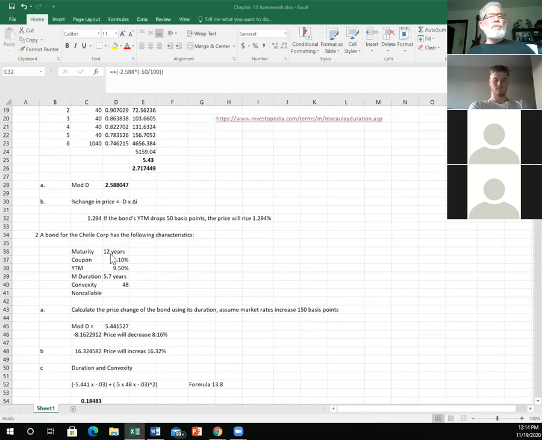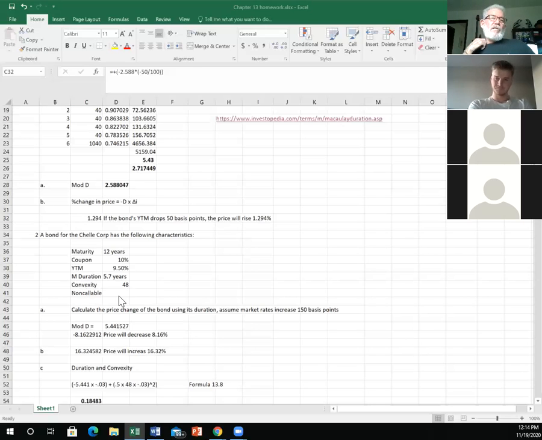The maturity is 12 years. Coupon's 10%. Yield to maturity is 9.5%. The Macaulay duration is 5.7 years. And convexity is 48. It's non-callable.